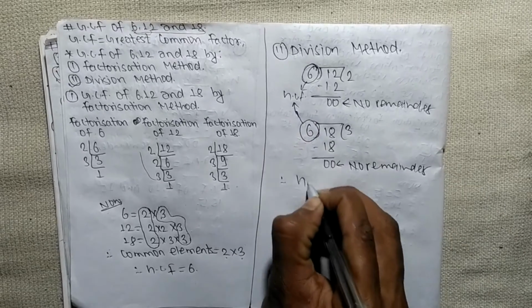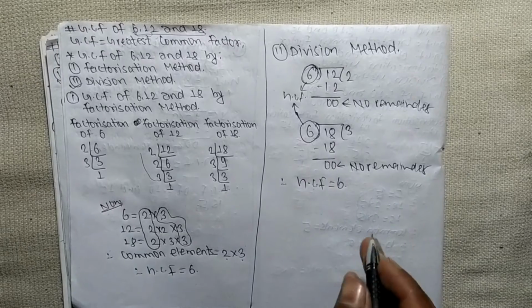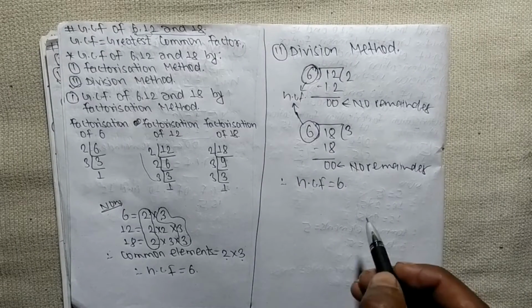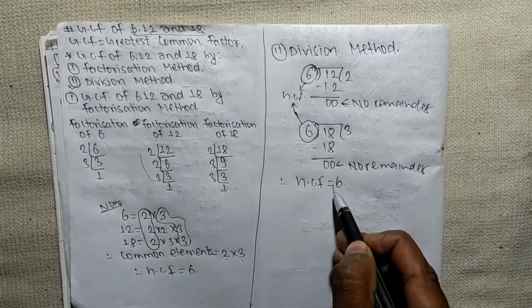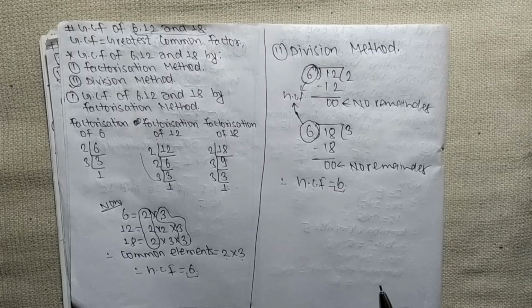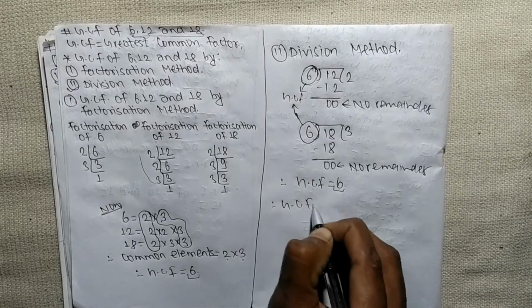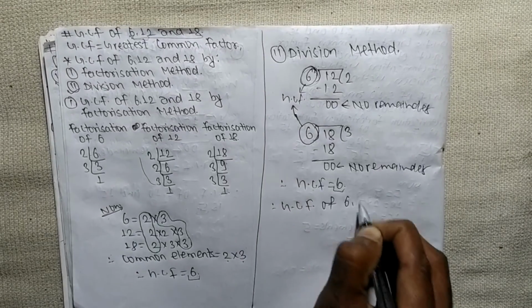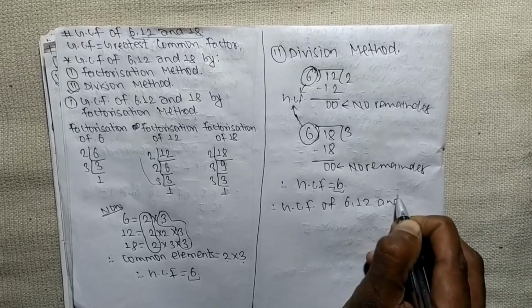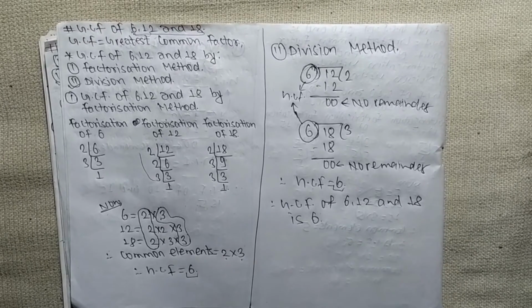Therefore we can write GCF is equal to 6 by division method also. As you look here, in division method GCF is 6, and in factorization method GCF is 6. So easily we can say that the GCF of 6, 12 and 18 is 6.